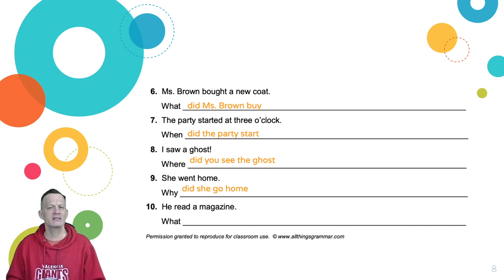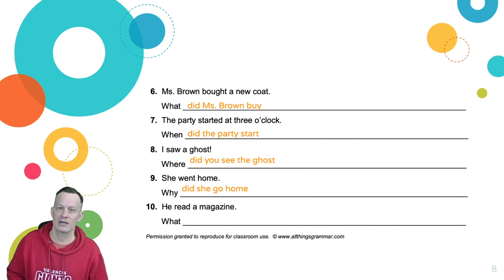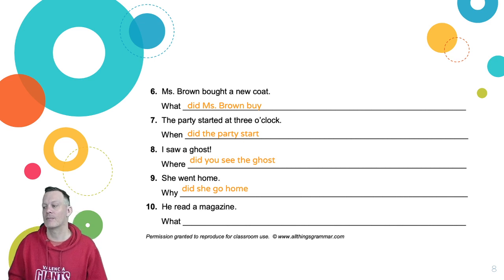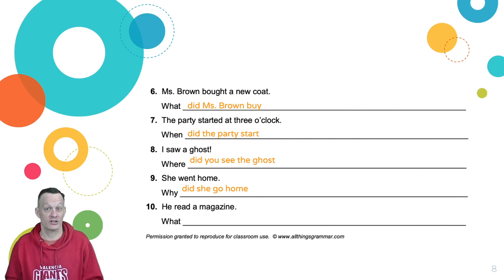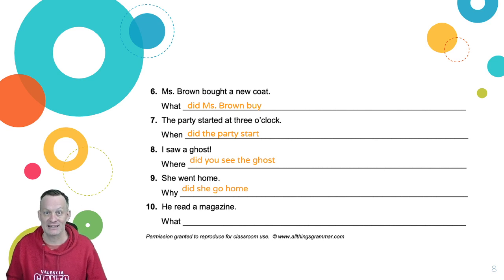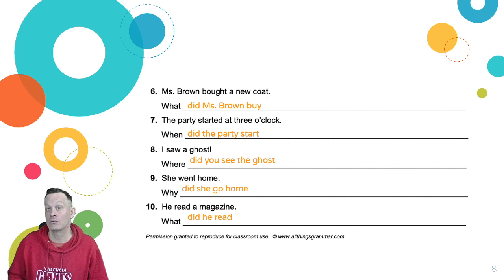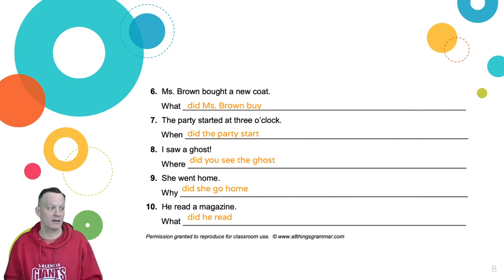And I know this is in the past, read, pronunciation, because there is no S. If it's the present, it would say he reads a magazine, but it's not. There is no S. He read a magazine. The answer, or the question is, what? Well, the answer is a magazine. What did he read? He read a magazine.